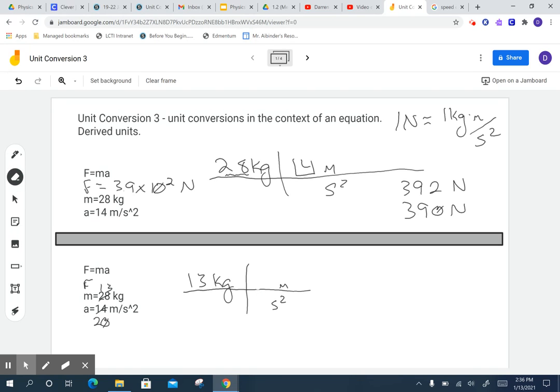See, even teachers make mistakes, all right? Don't let any teacher tell you they don't make mistakes. So that's going to be 260 newtons. And here, actually, you've only got one. So we're going to make this 300 newtons, or 3 times 10 to the second newtons. Okay, with me so far? So that's your force. Force is in newtons.